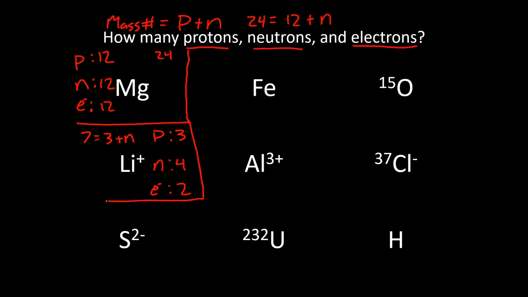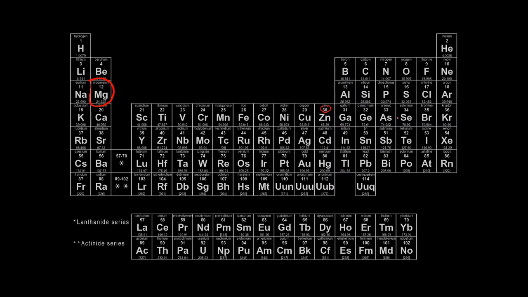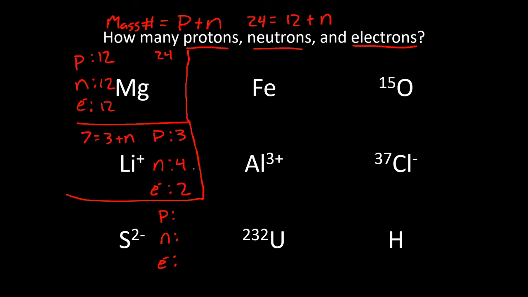So then the last one I'm going to do here with you until I have you do some of these on your own, we have sulfide, is what this is called. If you look at sulfur on the periodic table, it has 16 protons and a mass number of 32. So we have 16 protons. If the mass number is 32 and we have 16 protons, that means that we must have 16 neutrons.